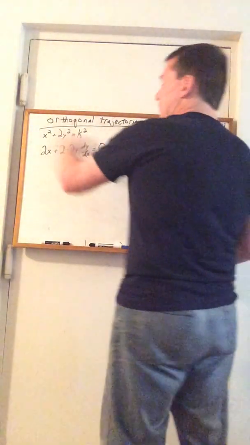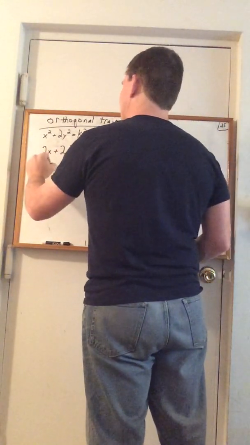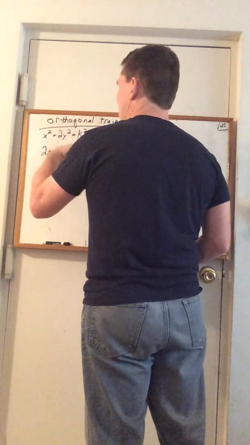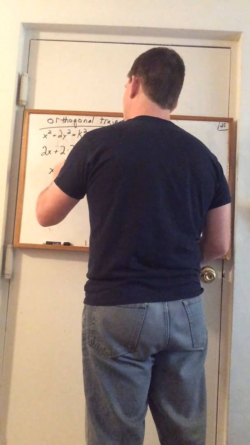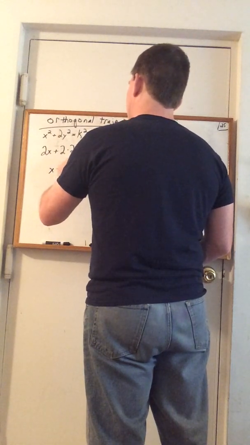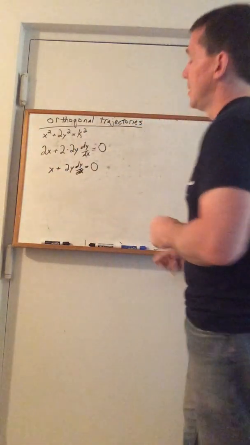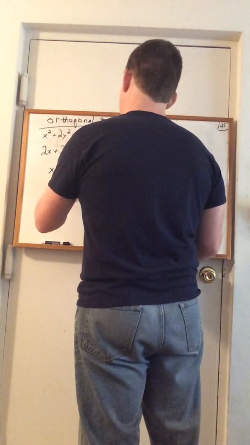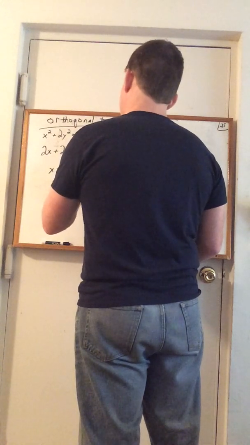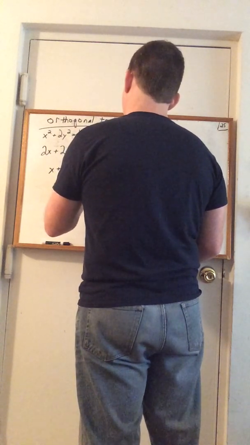Now, divide everything by 2 to get rid of the common 2. Then you'll have x plus 2y dy dx equals 0. Now solve for dy dx: subtract the x, divide by 2y, and you'll get dy dx equals negative x over 2y.